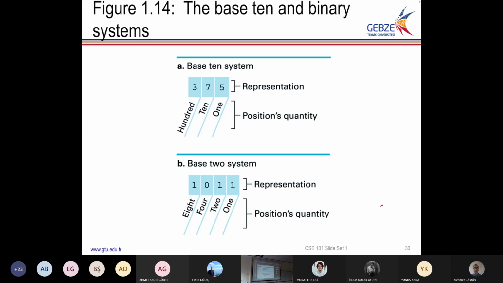For the base 2 system, there is 1, 2, 4, 8. So this part is 2 to the 0, 2 to the 1, 2 to the 2, 2 to the 3. So these are the digits. I think that's clear enough. If it is not, please ask.